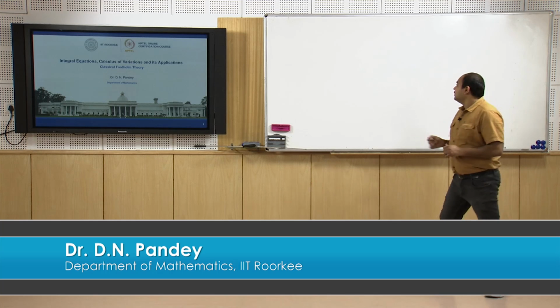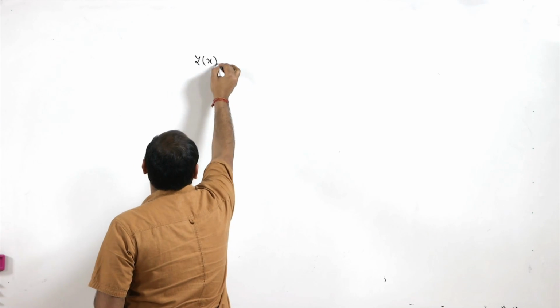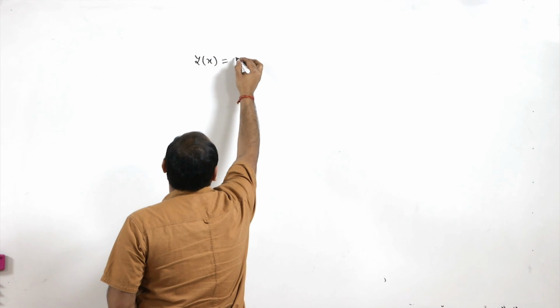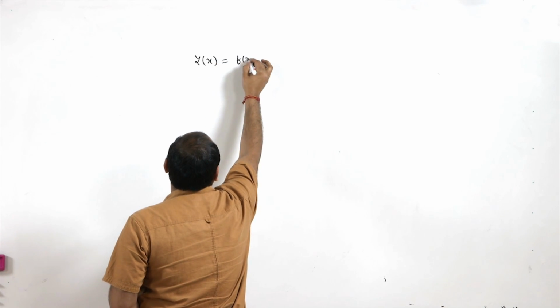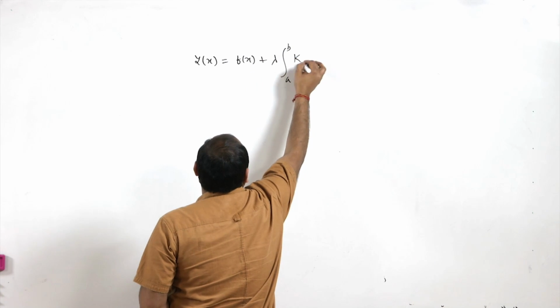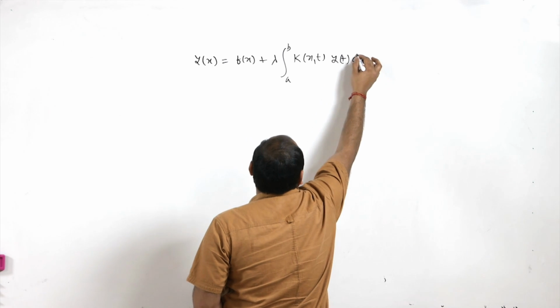Please recall that in the previous lecture we discussed the solution method for this kind of Fredholm integral equation, y of x equal to f of x plus lambda integral from a to b of k of x, t, y of t dt.